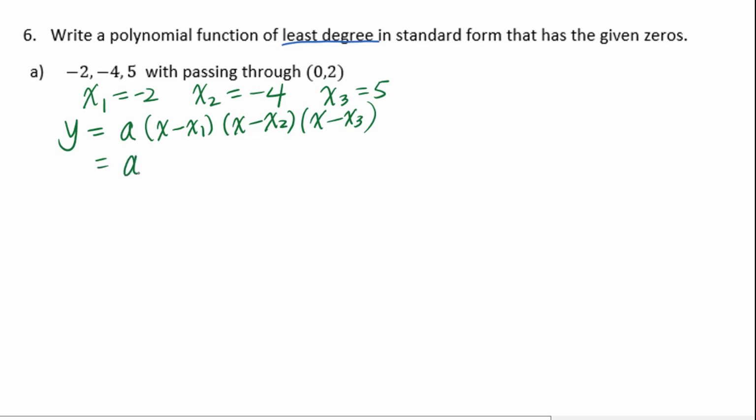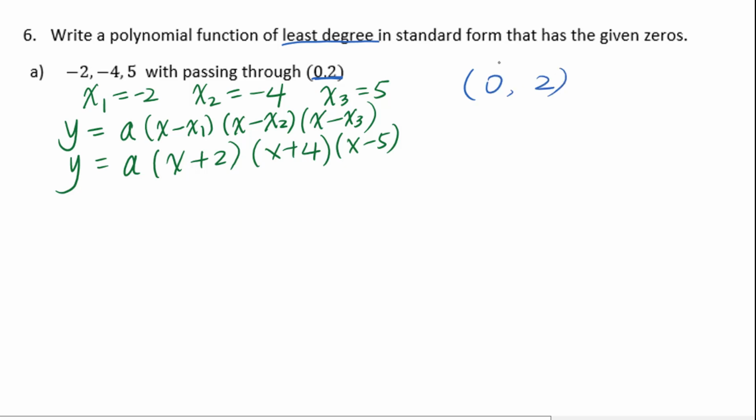So we have a times (x plus 2)(x plus 4)(x minus 5). Use this information (0, 2): x is 0, y is 2. So we plug into this polynomial function.